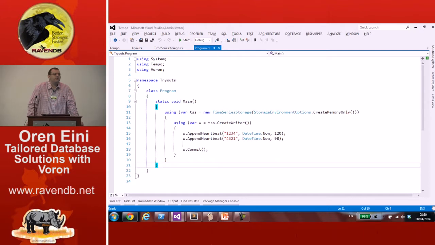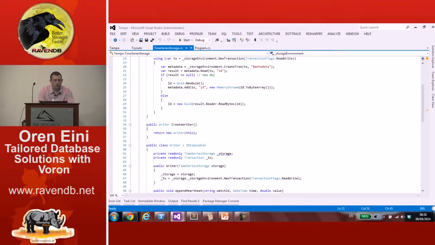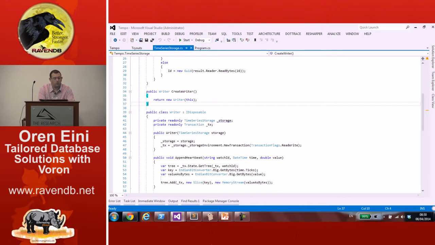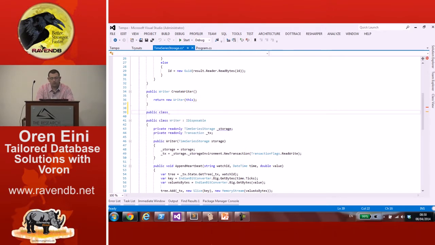What's my next step? Okay, so how do I get the data back? What sort of API do I want to have? Okay, so let's try doing something like this. We already have the concept of create writer, so I'm going to use the same for creating reader.